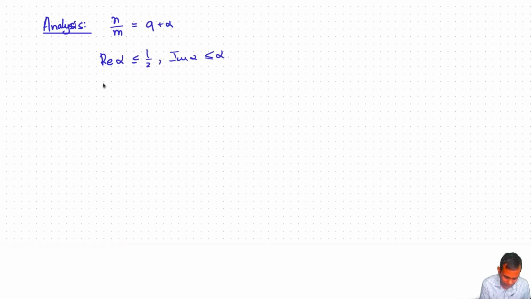So d of alpha is less than or equal to half squared plus half squared, which is 1 by 4 plus 1 by 4, which is half. And now r is taken to be alpha times m.